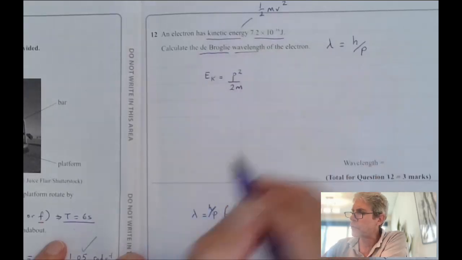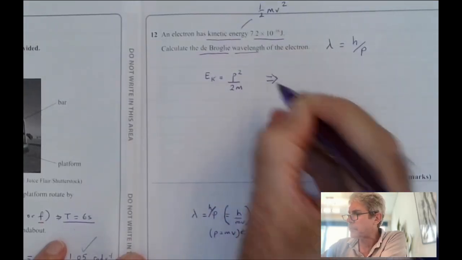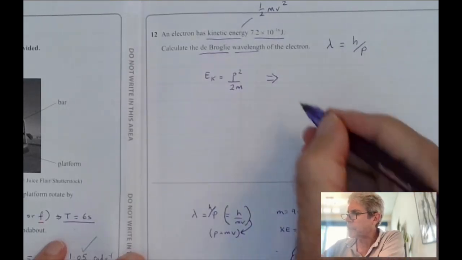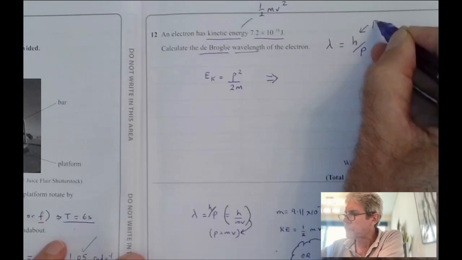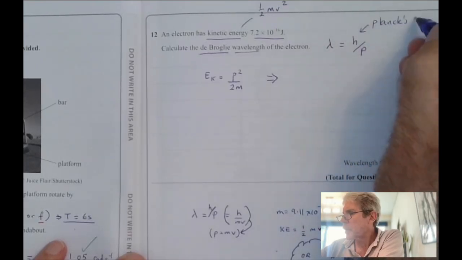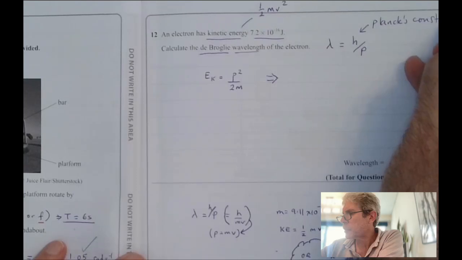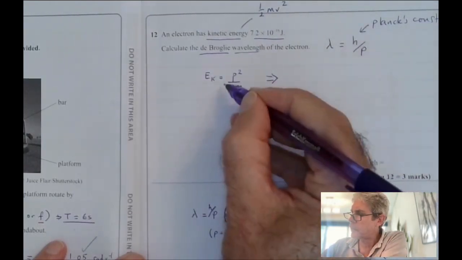This is also on a data sheet. Now we want to work out momentum, because we want to put momentum into this equation. Planck's constant is given to you in the data sheet as well. So what we want to do is work out P using this equation.